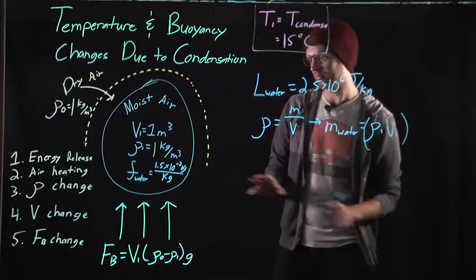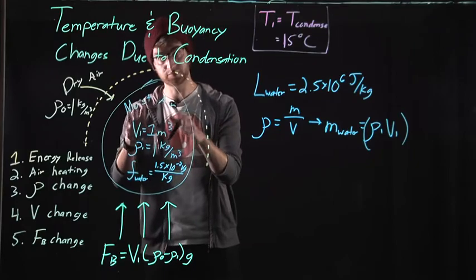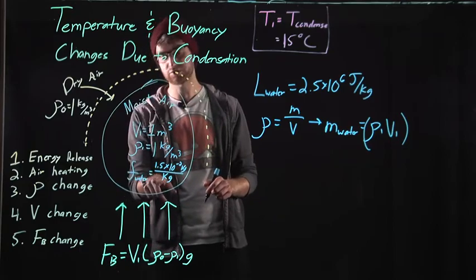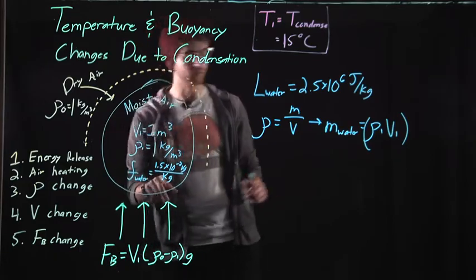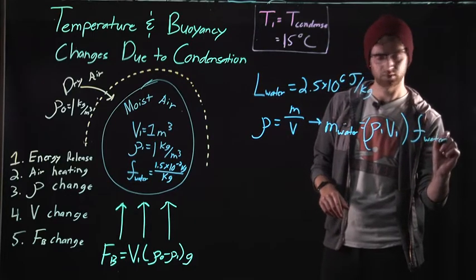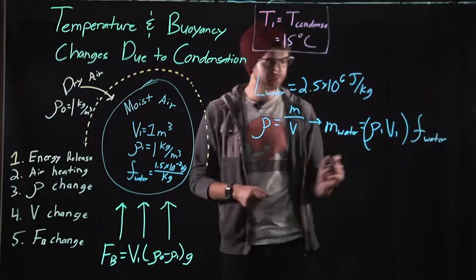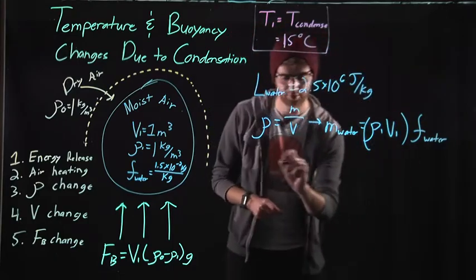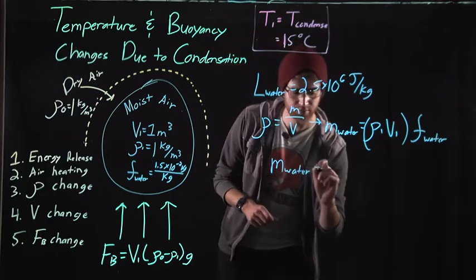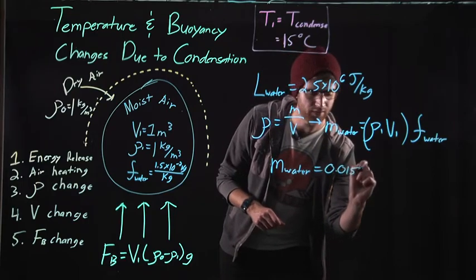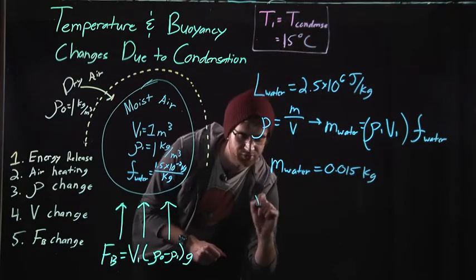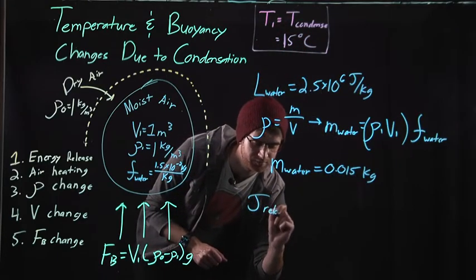Because these two terms represent the combined parcel of both air and water, we need to assess the fraction of water contained in this parcel, so we multiply by this fraction F water. When we do that, we end up with M water, the mass of the water, equals 0.015 kilograms.